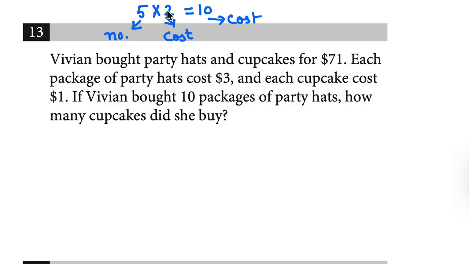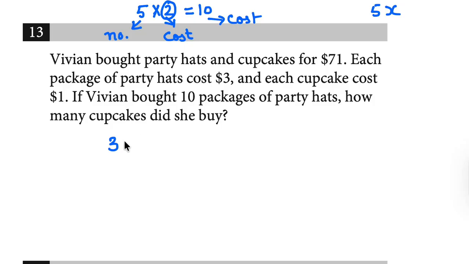Now let's say I don't know the cost of one chocolate. Now it's a variable, so I'll call it x. Let's see this in our question. Vivian bought party hats and cupcakes for $71. Each party hat is $3, so the cost for one party hat is given, which is 3.